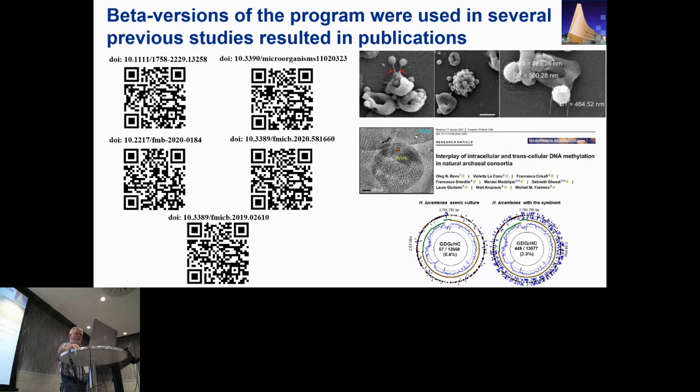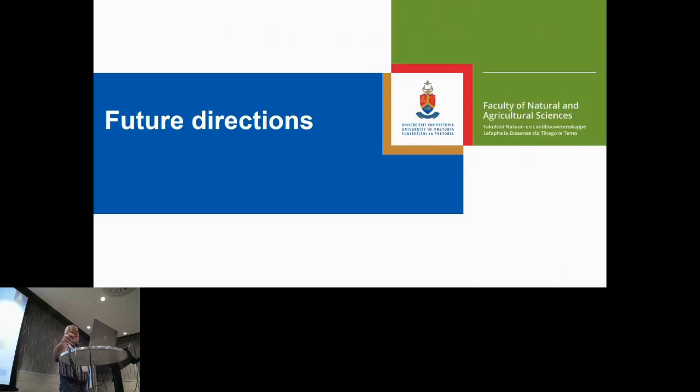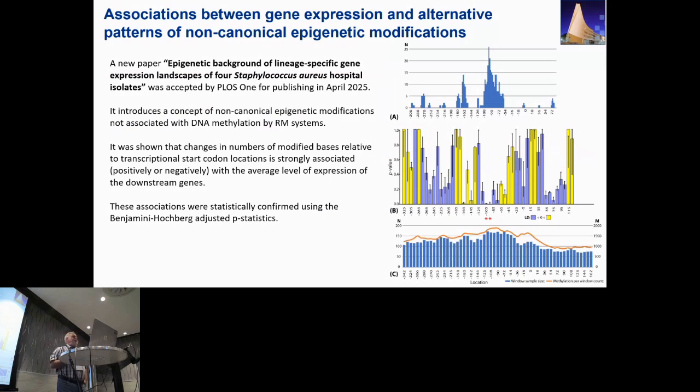Okay, a little bit about future directions. One new paper was accepted one week ago, where we consider interactions between methylation and the level of expression of genes in different strains. We used 4 strains of Staph aureus and showed that they have the same genes but different patterns of expression, very stable patterns of expression, which are very difficult to change.